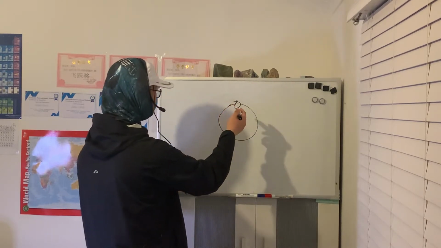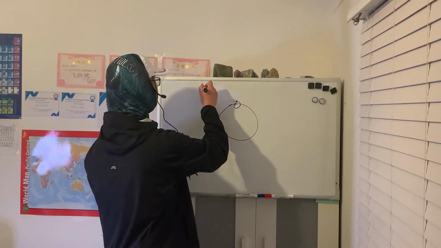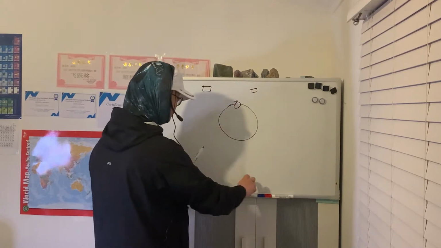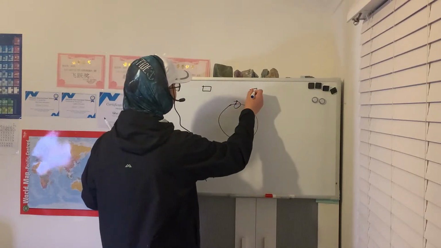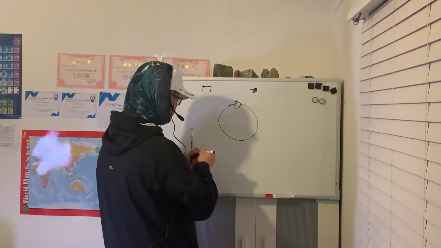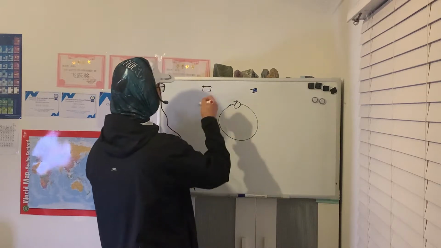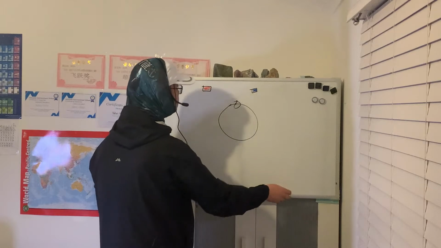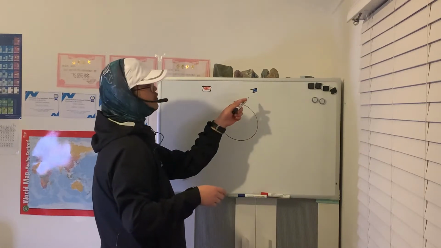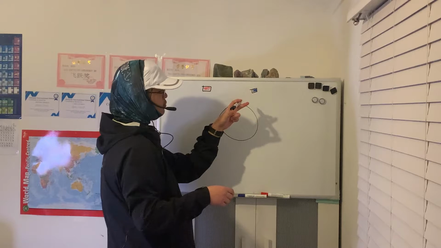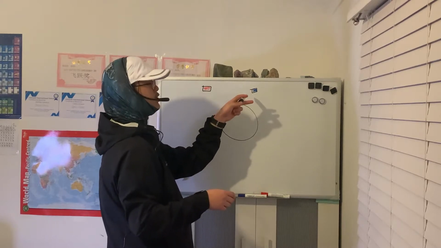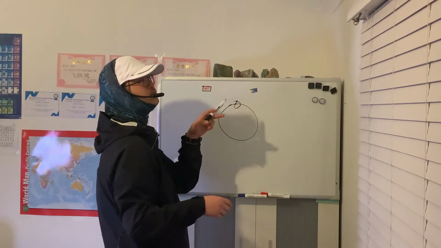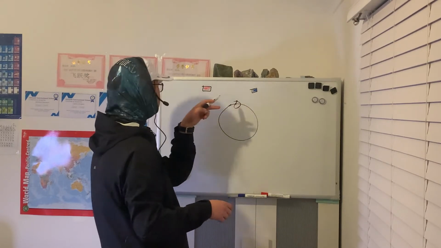So if you have a substance, this one has negative charges, this one has positive charges. What I mean with negative and positive charge: a negative charge substance has more electrons than protons.